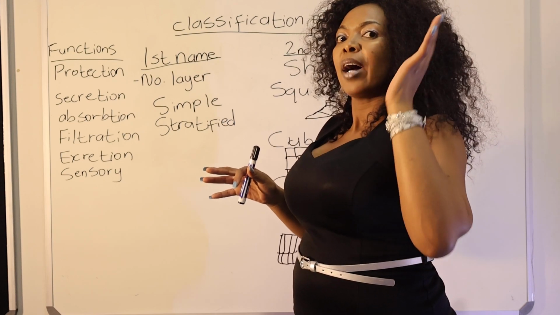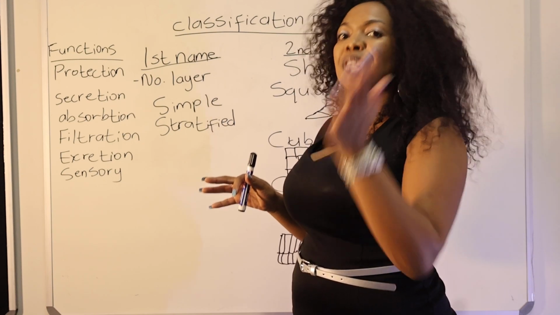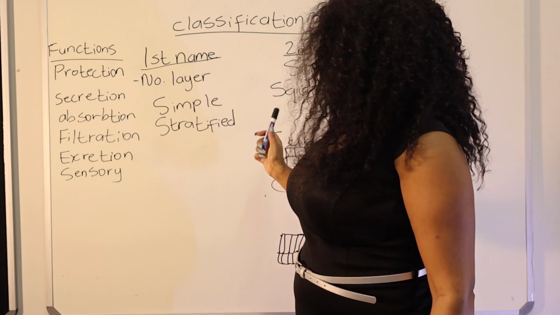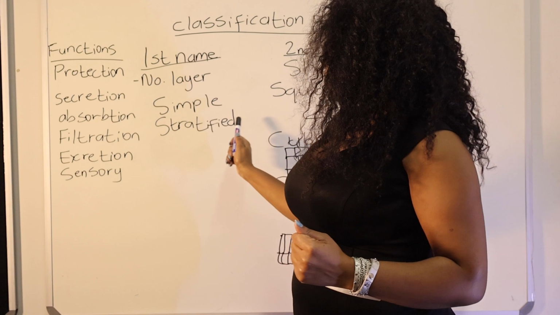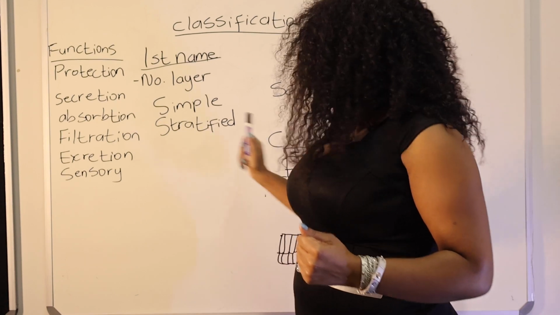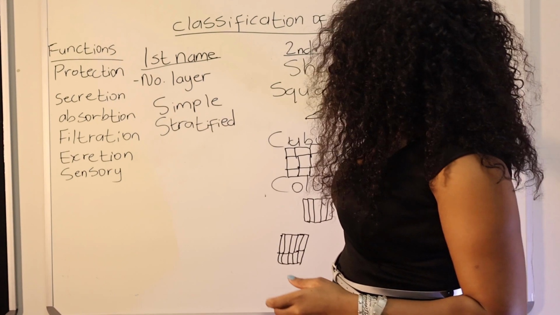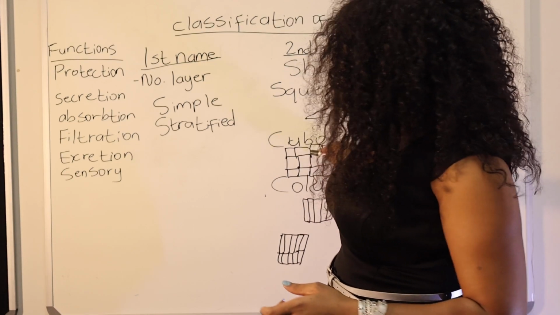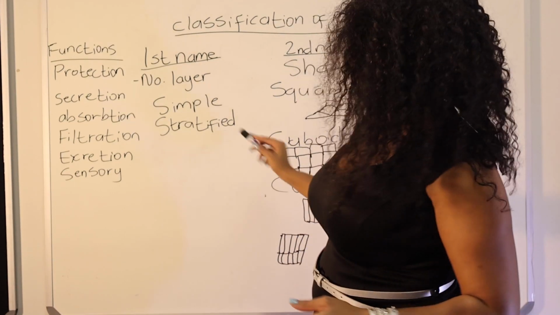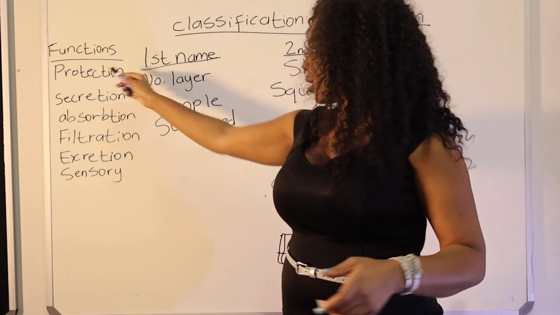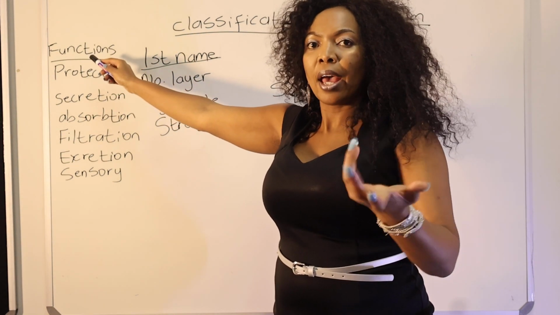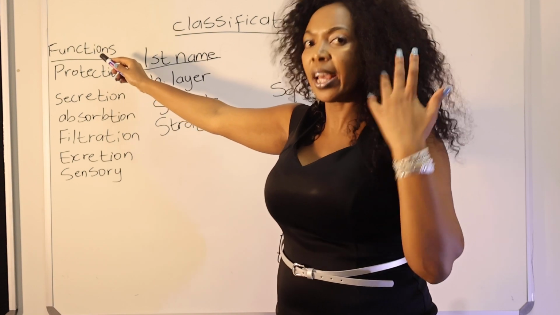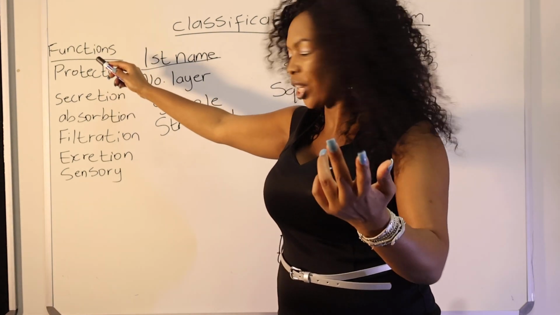That structure will determine the function of that epithelium. So, if that structure is stratified, that means it's got more layers. If it's stratified, then that is the epithelium that is good for protection.